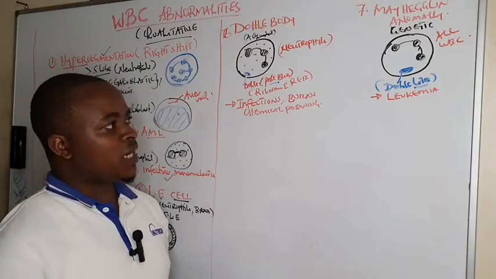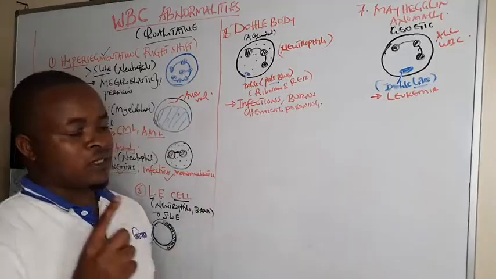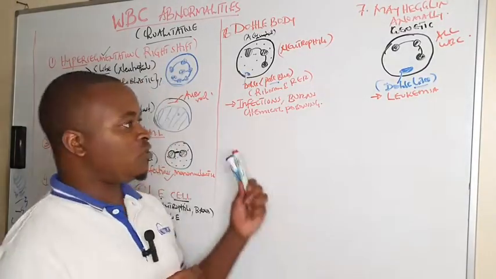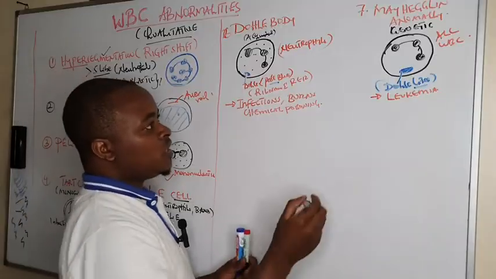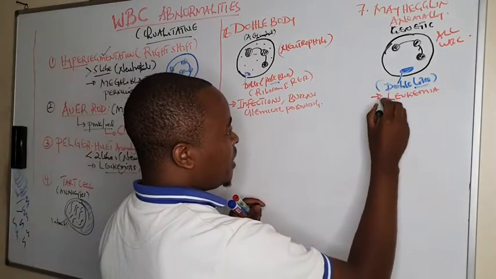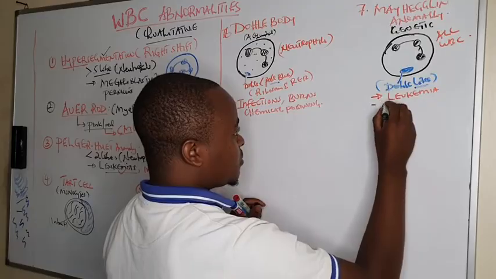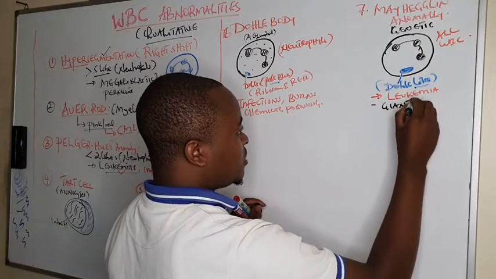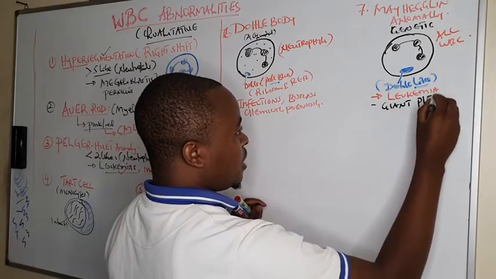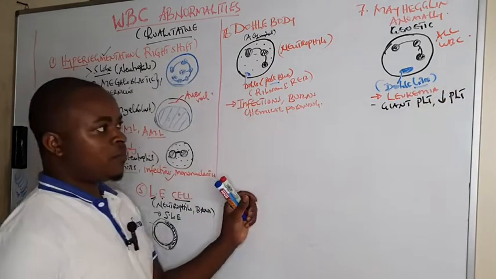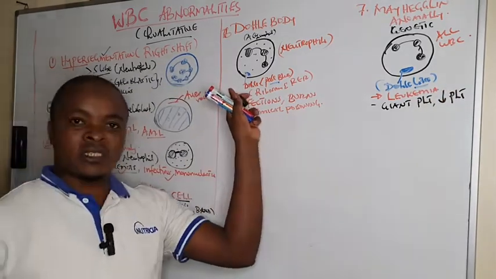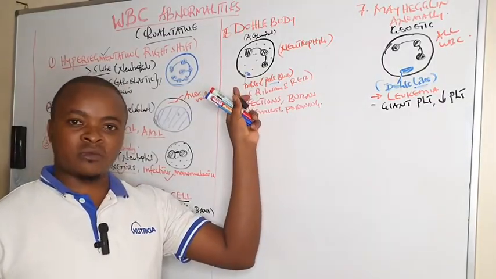But apart from that, how do you know that it is May-Hegglin anomaly, not a Döhle body? May-Hegglin anomaly is associated with giant platelets, and there is always a low platelet count, that's what we call thrombocytopenia. Whereas with Döhle bodies, the platelet size is normal and there is no thrombocytopenia.